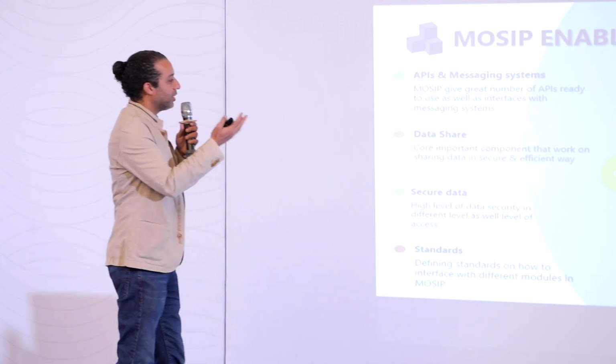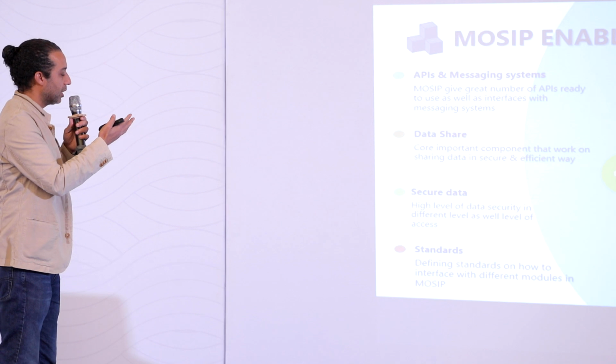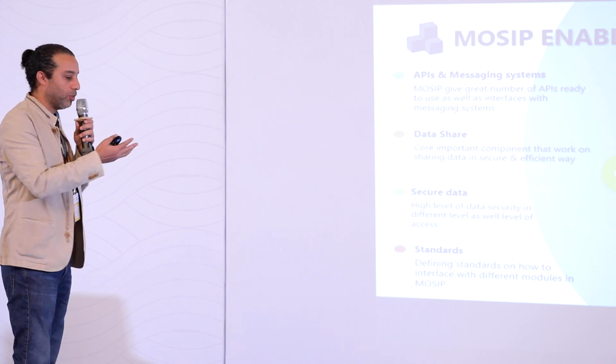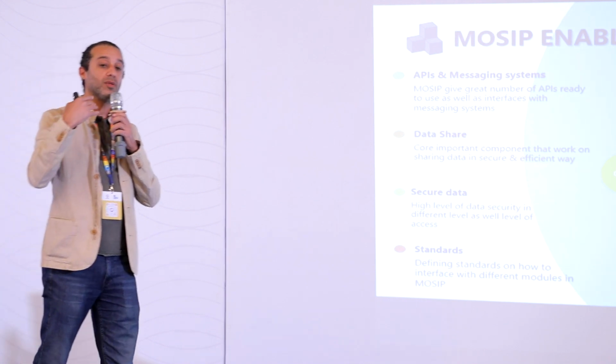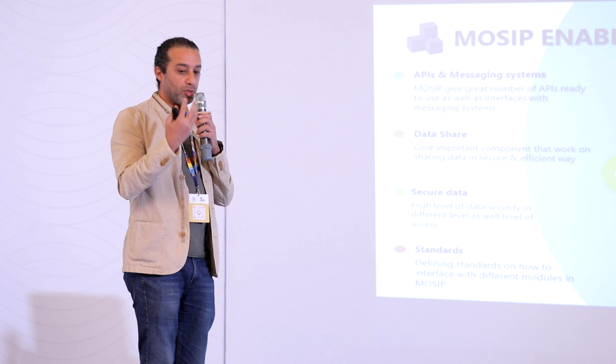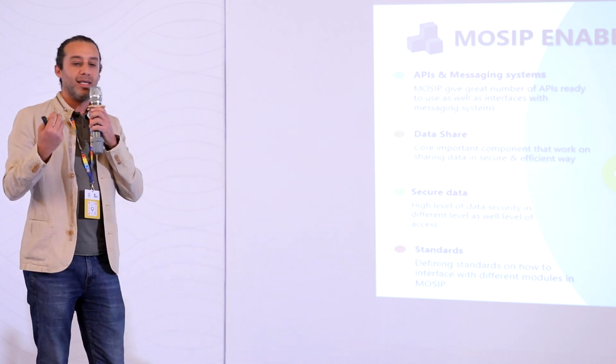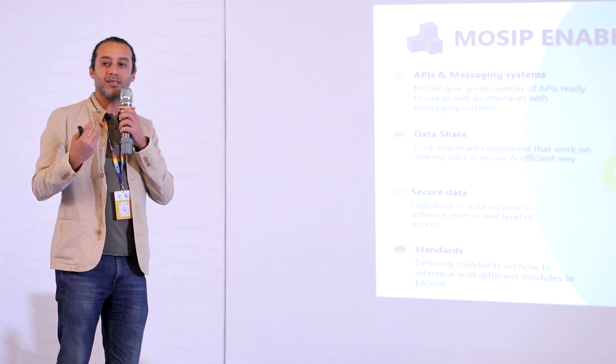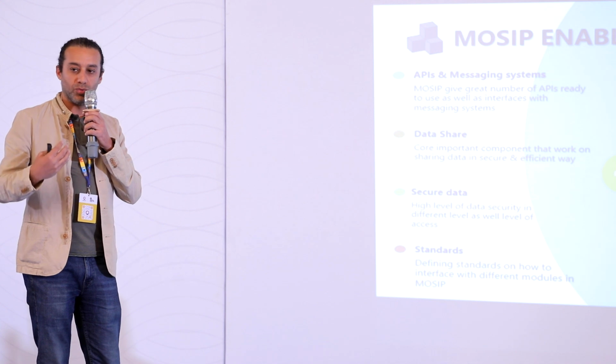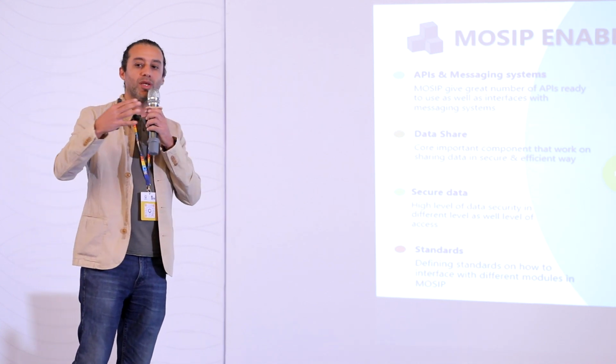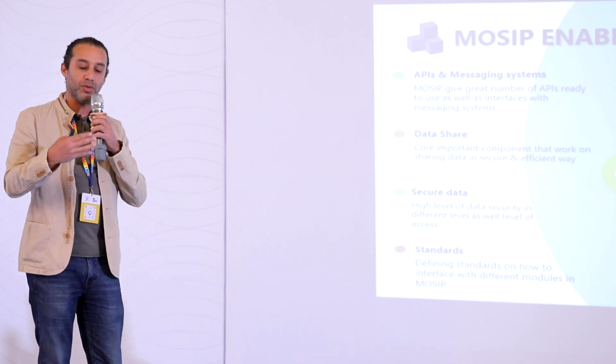Second thing, we were talking about the data share. Data share is very important. It's a core component in MOSIP, and it covers how the data is shared. There is a component for configuring. You can use it as a configuration to share data with entities or even internally with the system.